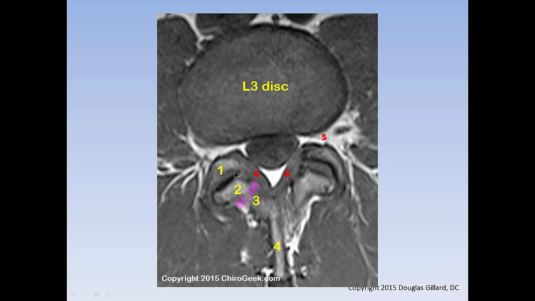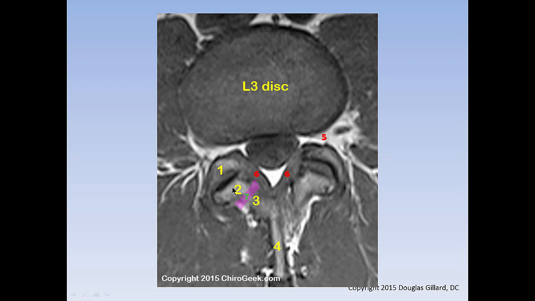All right, let's stay in order though. So number 1 is the superior articular process or inferior articular process. It's the superior articular process of the L2 vertebra. It's coming up from below, right? How about number 3 here?